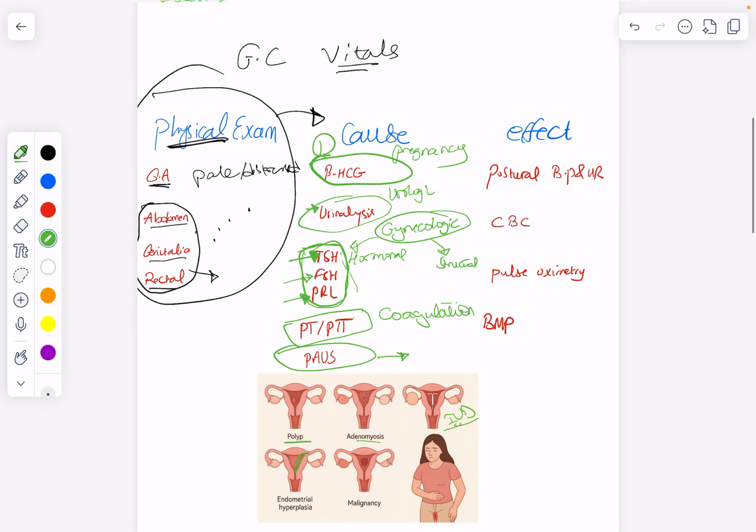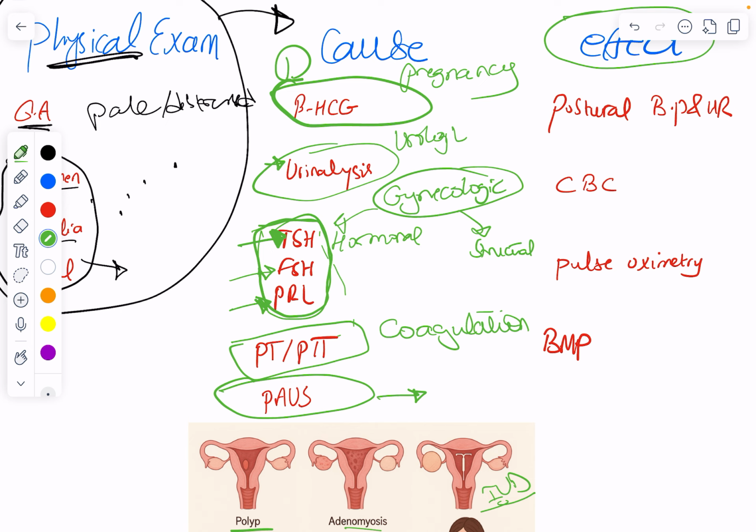Now, diagnostics do not just involve looking for the cause. You also want to see the effect of this disorder or what is going on in this patient, how it affected her general condition. And so it could cause anemia, right? Could cause orthostasis, orthostatic hypotension, because of hypovolemia. So the number one thing on your physical exam after finishing the physical exam and vitals is to do postural vitals, postural blood pressure and heart rate.